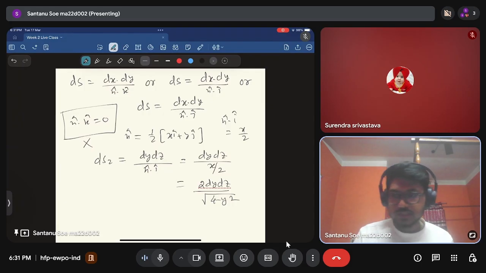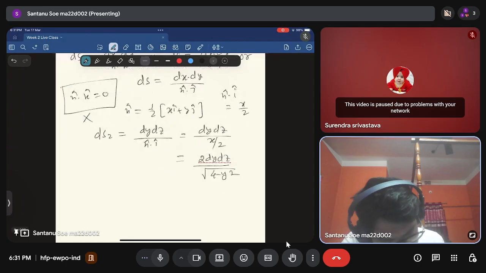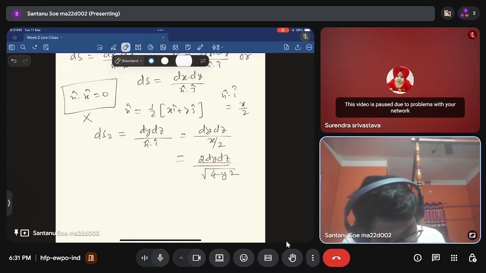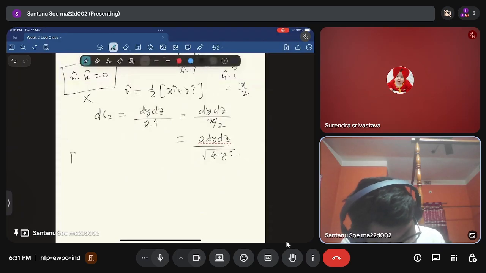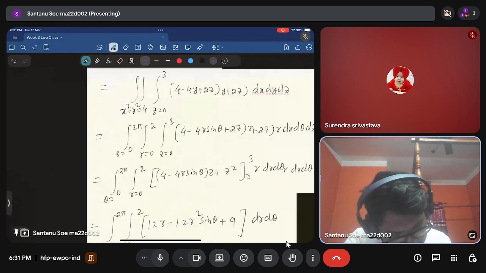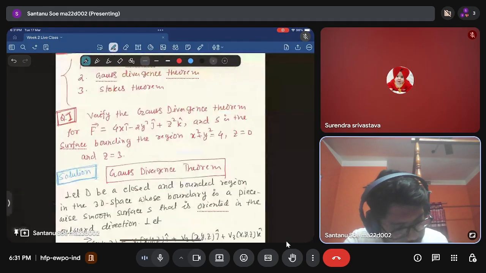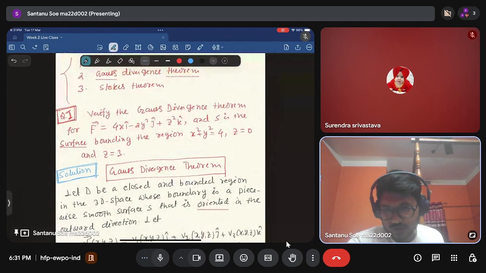Okay, so for this surface S2, our integration will be changed, so again we have to compute f dot n. So this was our f, and this is n cap. So what was f? f was 4x i cap minus 2y square j cap plus z square k cap.